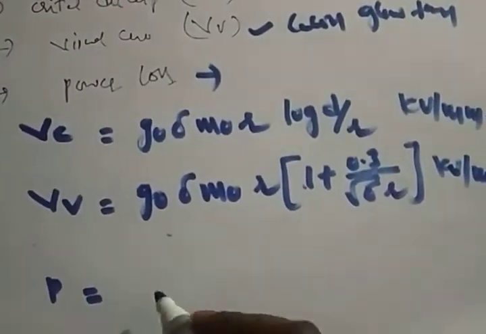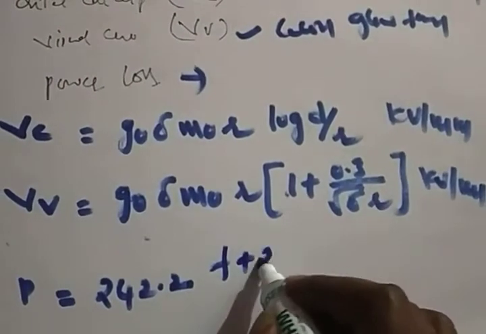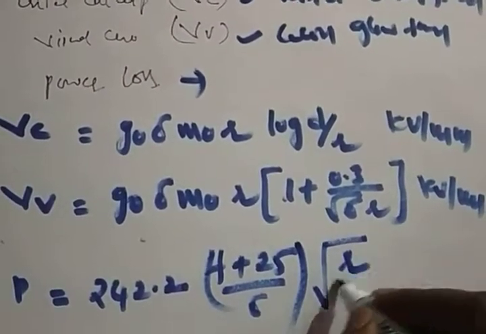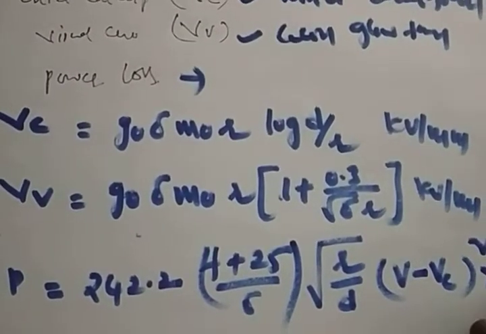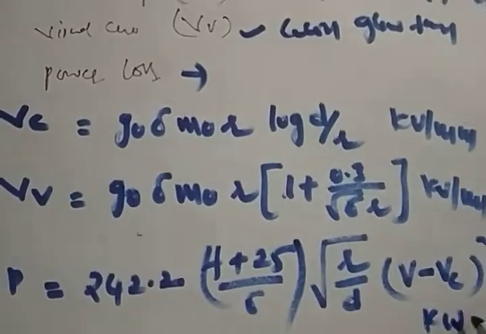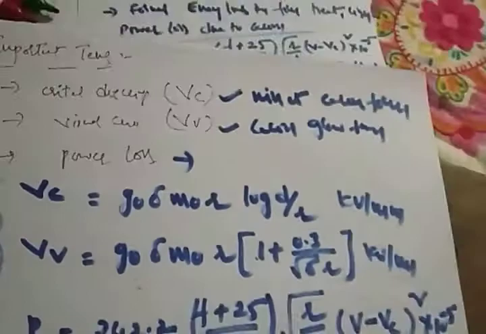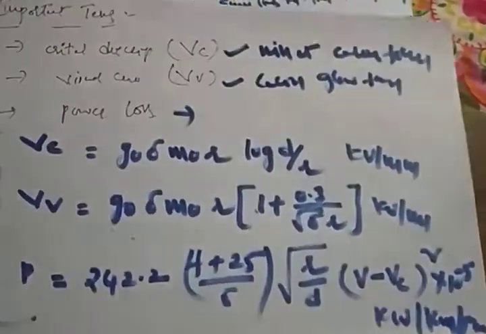And what is power loss? 242.2 (f + 25) / δ times the square root of r/d times (V − Vc) whole square into 10 power minus 5 kilowatts per kilometer per phase. So these three are very, very important terms that we need to consider while designing your overhead transmission system, regarding the effect of corona.